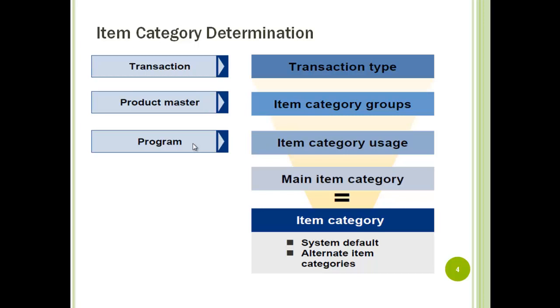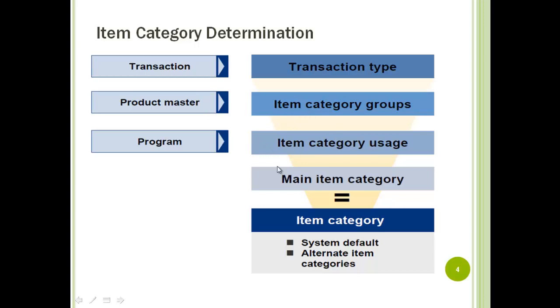The item category determination proposes the item category that needs to be defaulted during business transaction processing based on the transaction type, item category group, item category of the higher level item, and item category usage when you're executing a transaction. The transaction type is automatically determined. When you enter the product, we get the item category group information from the product.